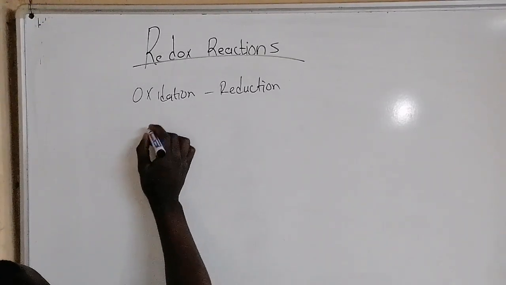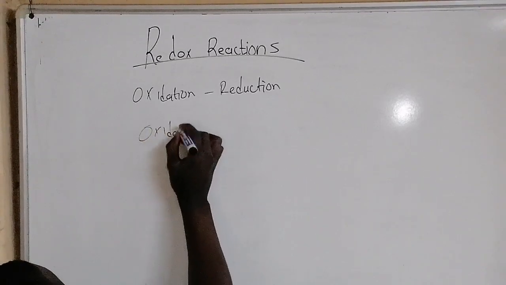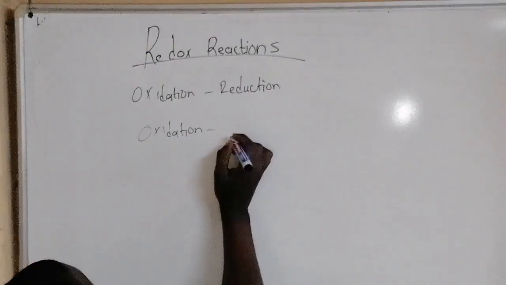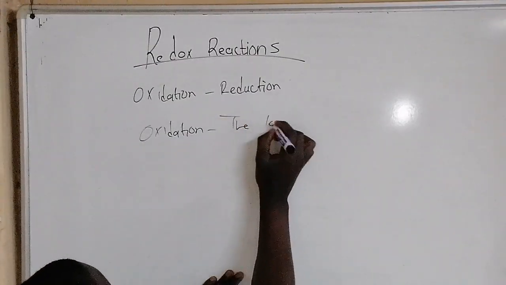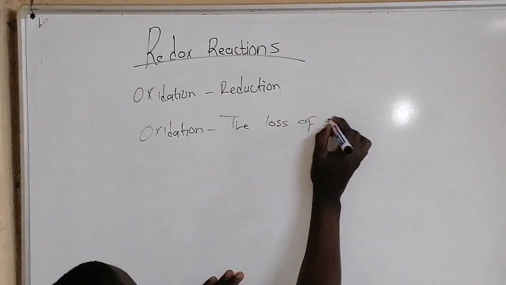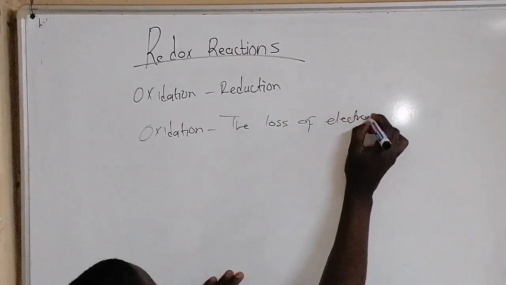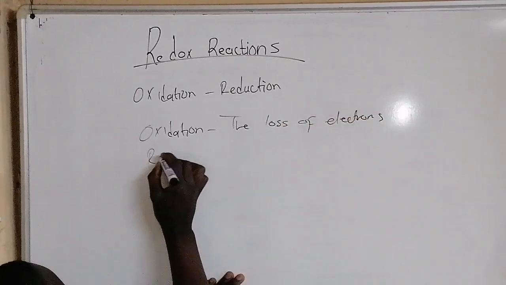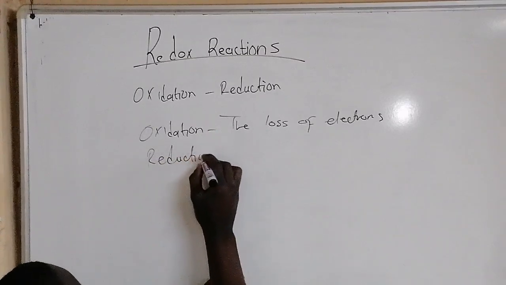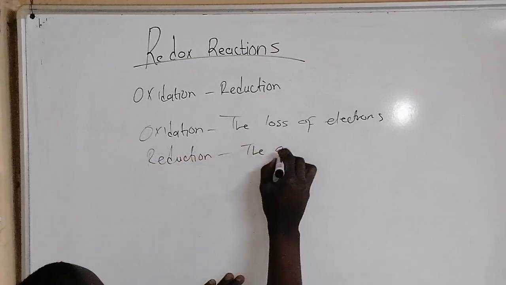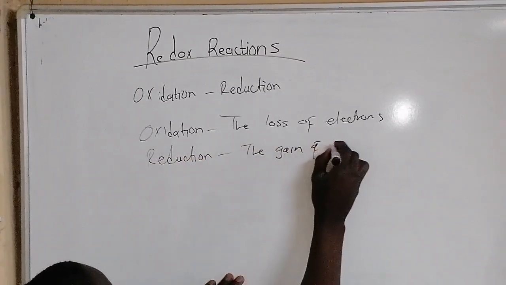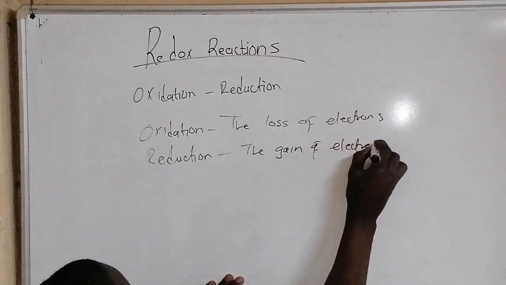They will ask you to define oxidation. Oxidation is the loss of electrons, while reduction is the gain of electrons.